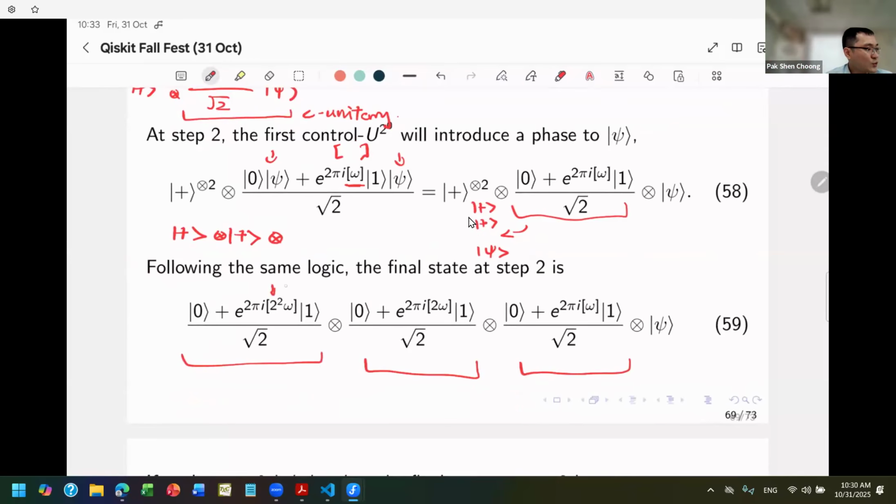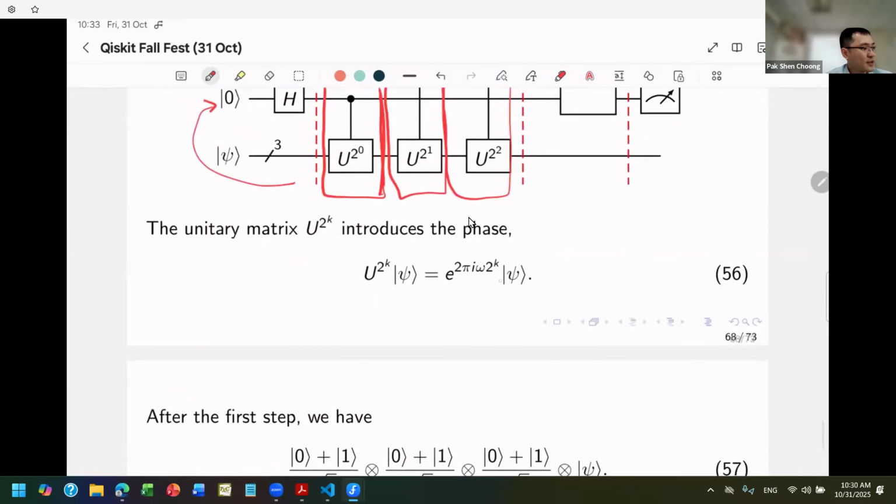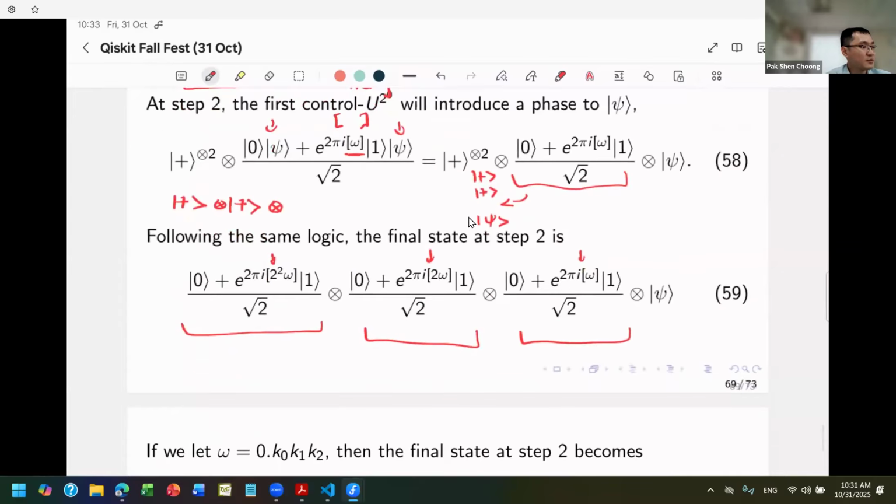And why is there this 2 squared, 2, and omega? Because of this. Look at K. The second unitary is 2 to the power of 1. The third one is 2 to the power of 2. That's why you have the terms 2 squared, 2, and then 2 to the power of 0, which is 1. Okay?